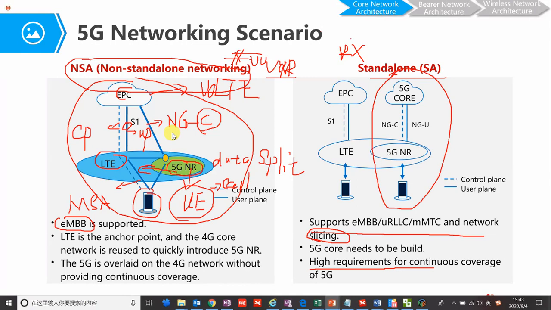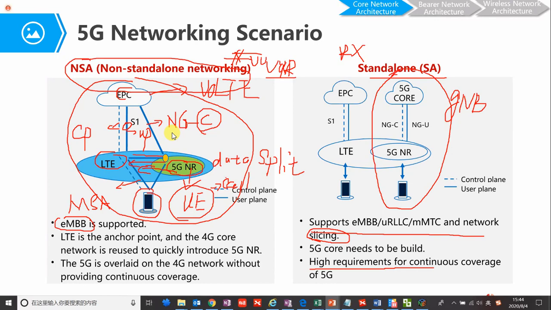LTE, I mean, in the figure at the left-hand side, is the 5G gNodeB, the 5G NR, connected through wire or wireless to the LTE eNodeB?